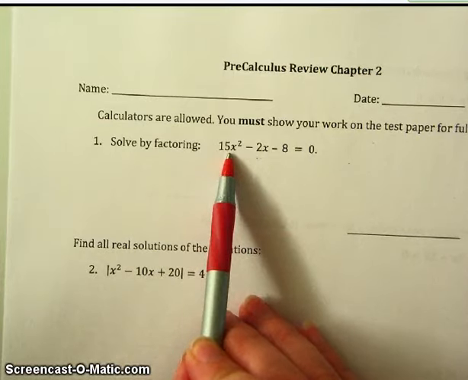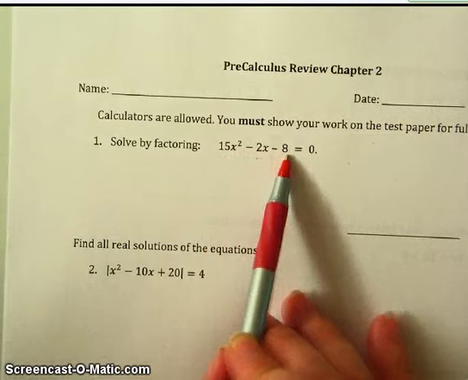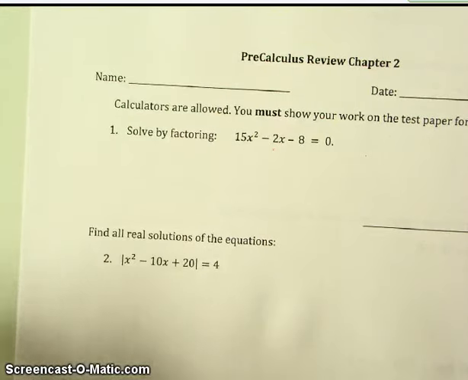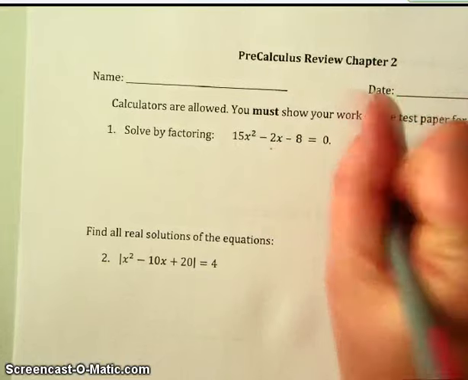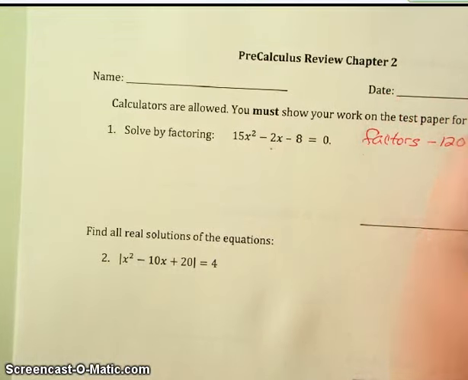So I am going to multiply A times C. I probably could have done it in my head, but I was afraid I'd mess up. 15 times negative 8 gives me negative 120. So I need factors of negative 120.